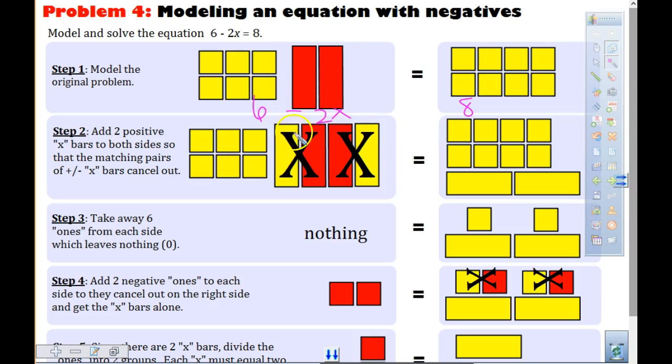In order to get this to be a negative, now do we always do this when we're solving? No, a lot of you would have subtracted 6. But what happens for a lot of you is you get rid of this -2. So could we add, in this case, add 2 positives? So if you'd write this, 6 minus 2x plus 2x is 8 plus 2x.